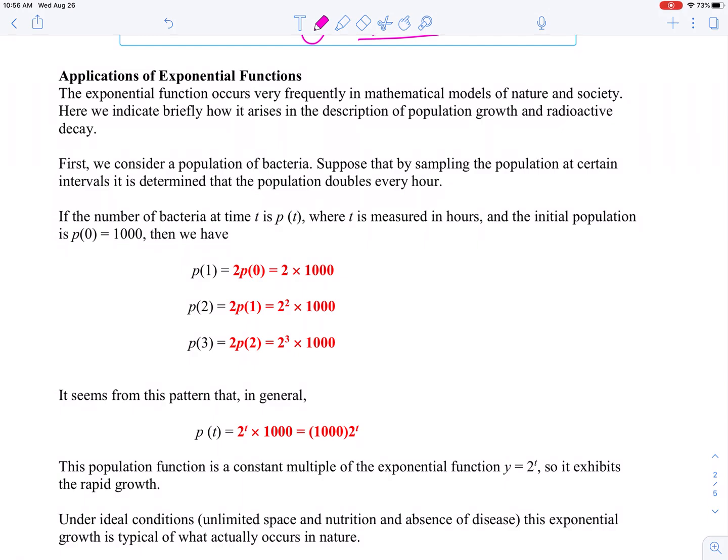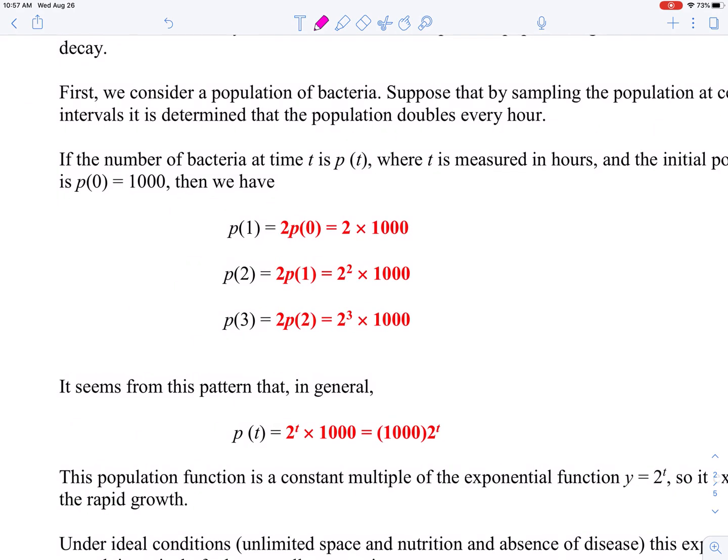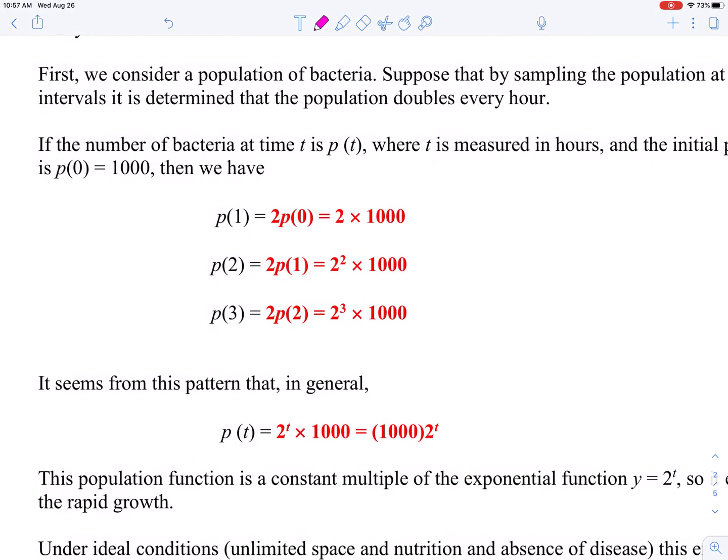If the number of bacteria at time t is p of t, where t is measured in hours, and the initial population is p of 0 equals 1,000, right, because that would be time 0, that's the beginning. So if we know that it's going to double each time, then p of 0 is the initial.